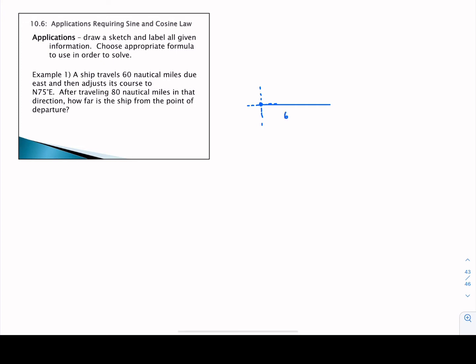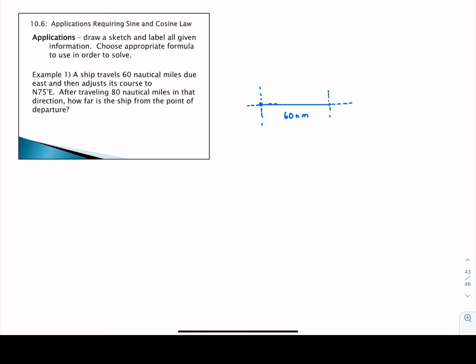So we have 60 nautical miles as a side length given so far, but then we have an adjustment in our direction. As soon as you see that there's a change in course or a change in direction, I want to give you the hint to map out a new coordinate plane here. It's almost like we're starting back from the origin again, but we're going to travel north 75 degrees east.